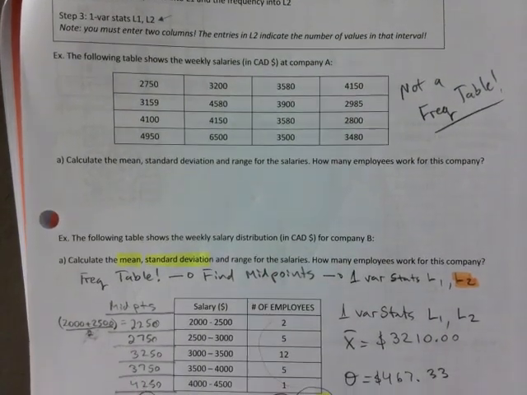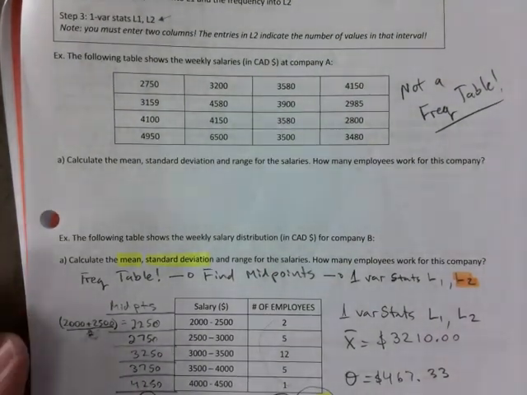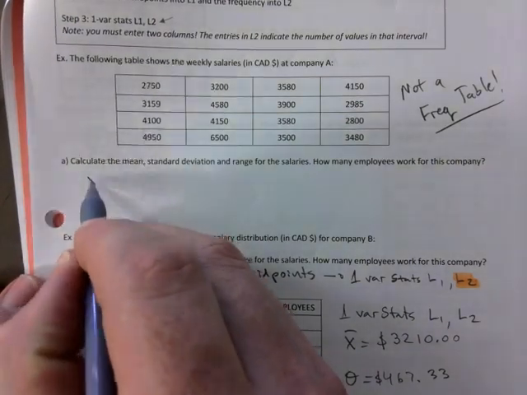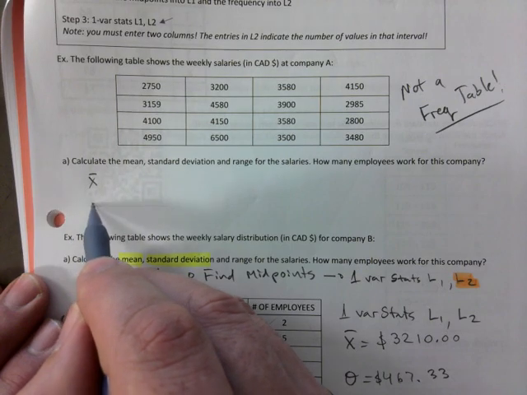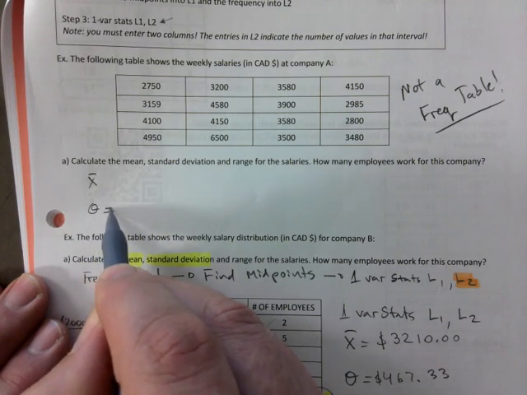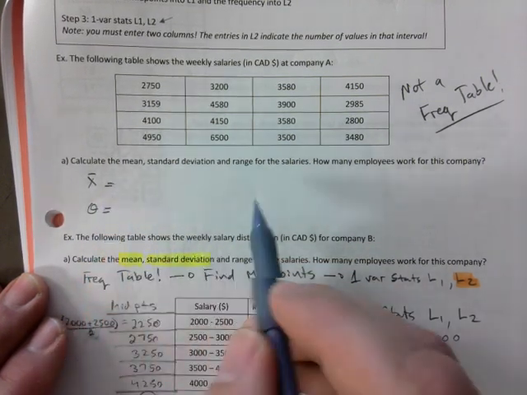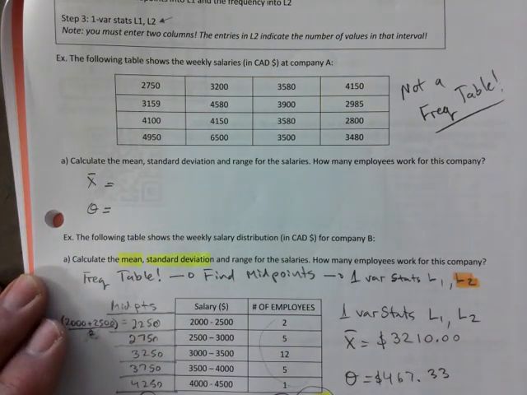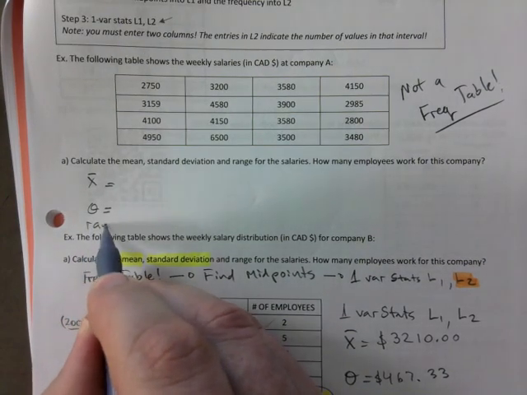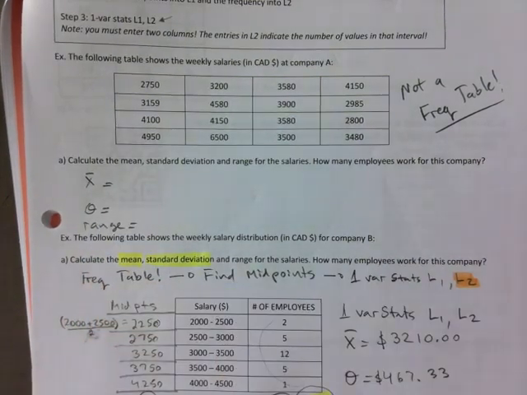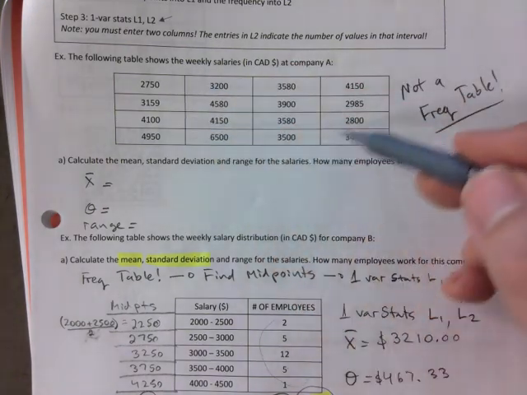So for that one, I will just tell you what it is because I want to move on. So to find the mean and the standard deviation and the range. Oh, it wants the range as well. We didn't do the range earlier. We'll do that yet. Just figure out the range here. You plug this all into L1.